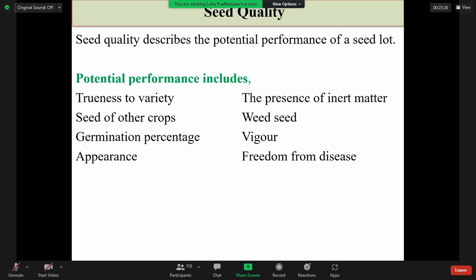The germination percentage means if you put the seeds, how much is germinating, so that way we can calculate the germination percentage. Seeds of other crops means in addition to the particular variety seed, some mixtures are also possible. So how much percentage of other seeds is available? Then weed seeds. Then if you put the seeds in, how many days it takes.